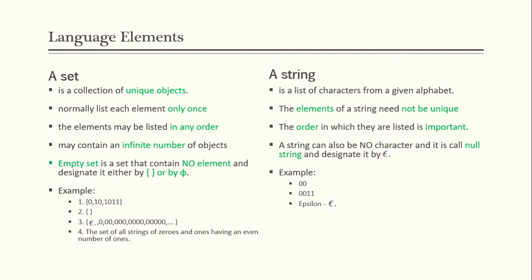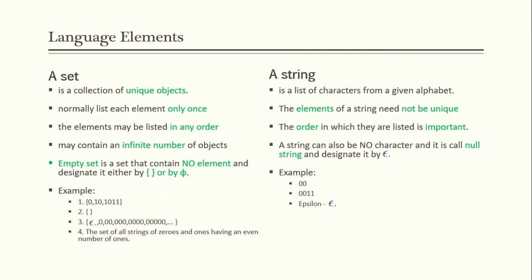Normally an array will have unique objects, so you only list each element once. The elements may be listed in any order. It might also contain an infinite number of objects, meaning that the number of elements might be infinite.